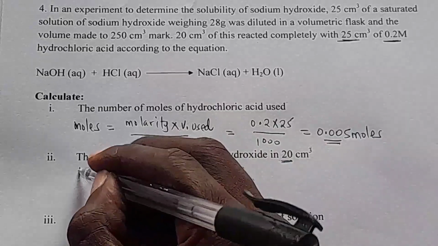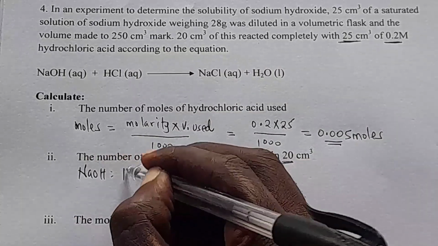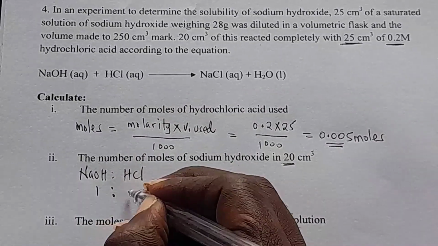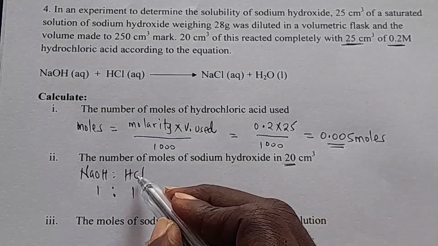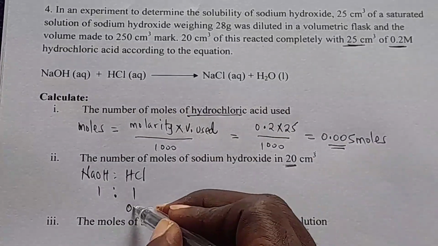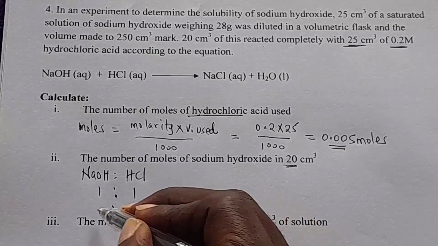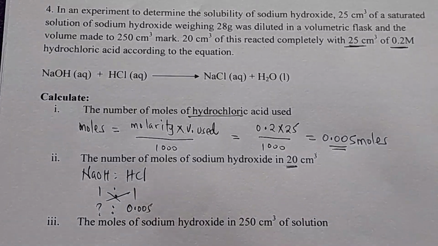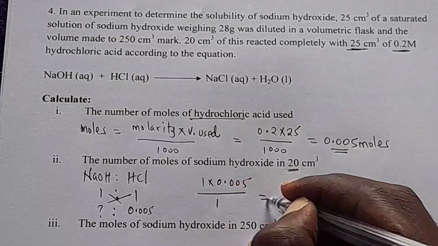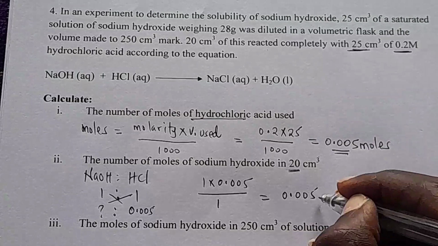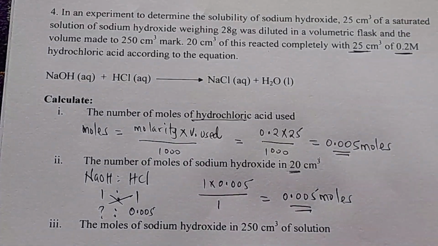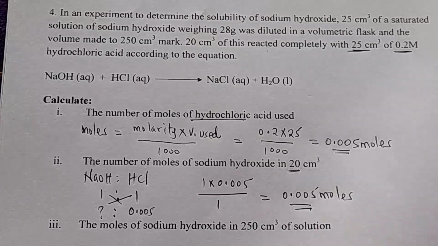What is the mole ratio between sodium hydroxide and hydrochloric acid? As you can see, it is 1:1. We know the number of moles of hydrochloric acid used is 0.005, so for sodium hydroxide, let's cross multiply: 1 times 0.005 over 1 gives the same number of moles. So the number of moles of sodium hydroxide in 20 centimeter cube was 0.005.